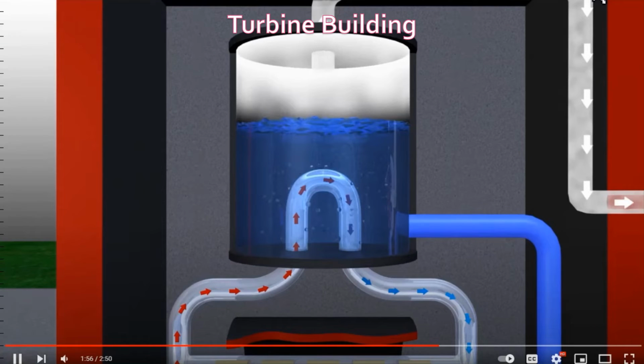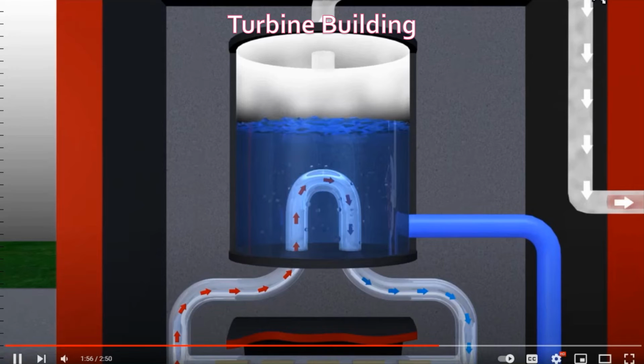And what happened to the steam after it has passed through the turbine? When the steam passes through the turbine to make it spin, it will go to the condenser, and this condenser will then change the steam back into water, and the cycle repeats itself. So what makes the steam condense back into water?